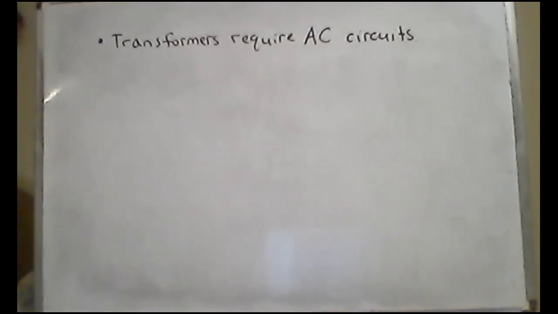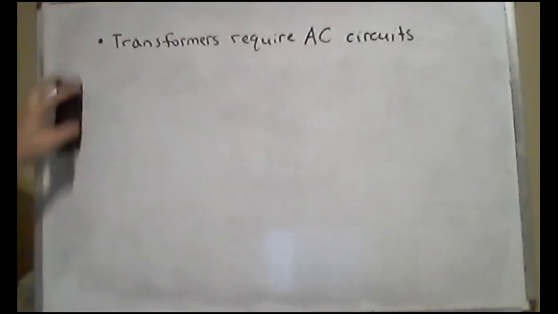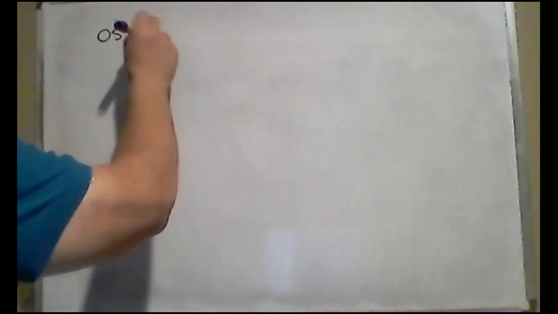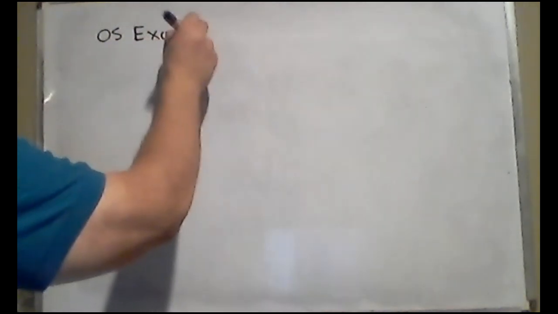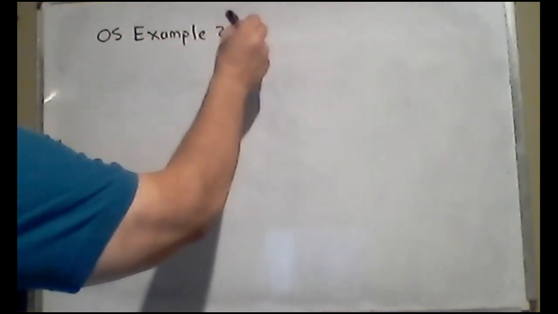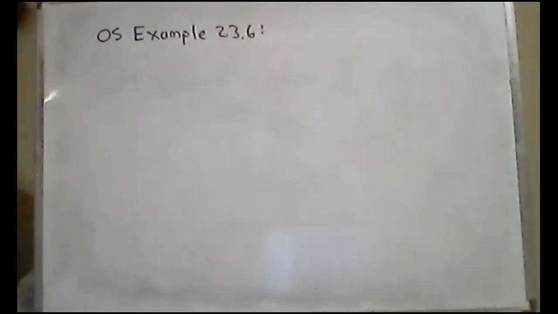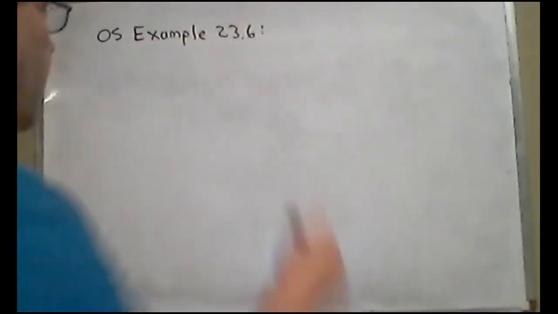Okay, I'm going to look at OpenStax example 23.6, for a step down transformer. The characteristics of the step down transformer.